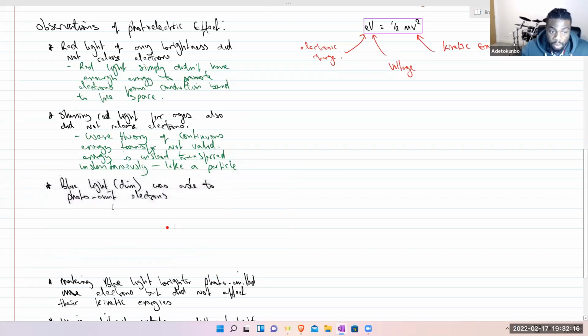The third observation: blue dim light was able to photoemit electrons. The ability to promote electrons is not based on amplitude.